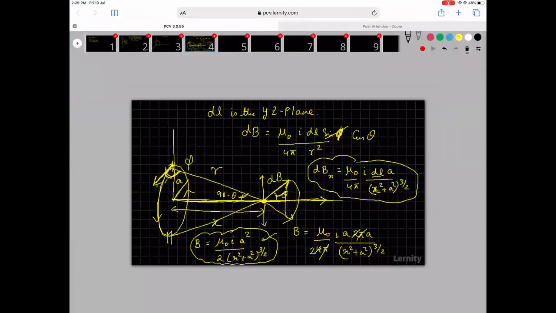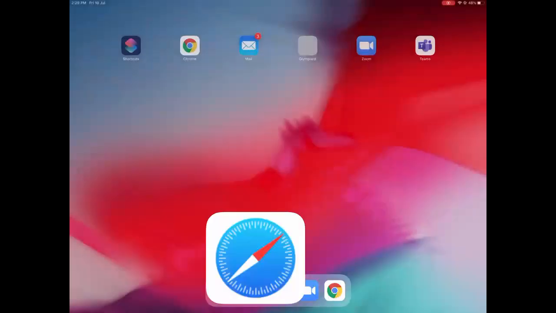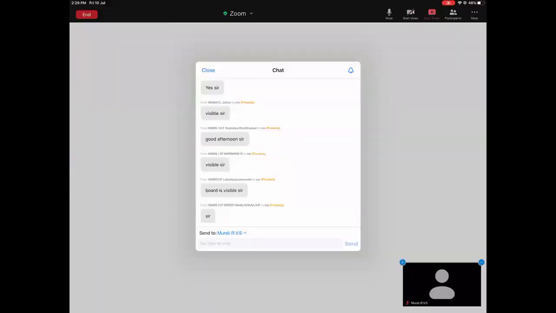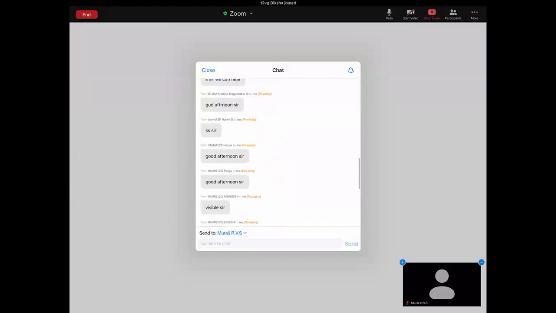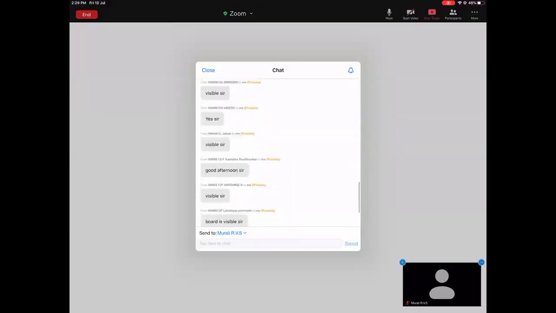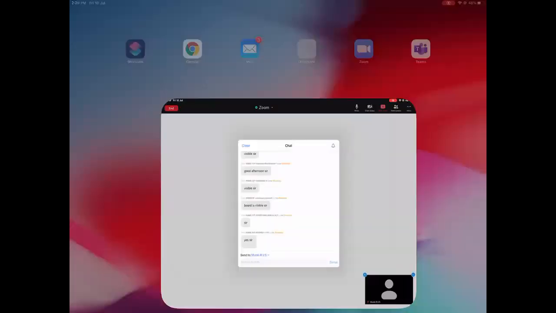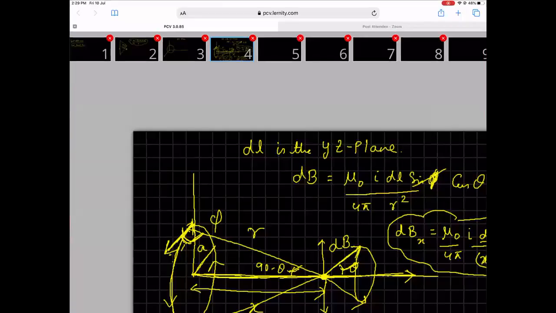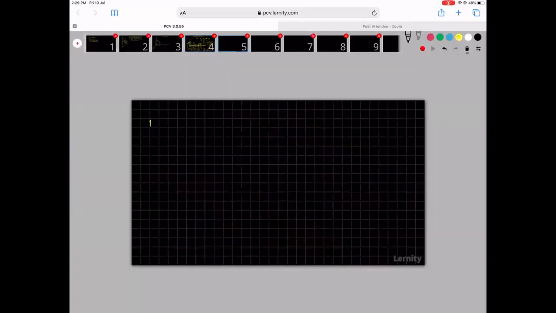So this is the magnetic field at a point here. B is equal to mu naught I a square by 2 times (a square plus x square) power 3 upon 2.